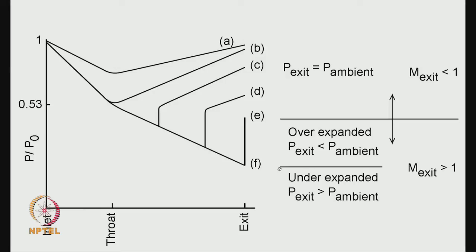Correct? At this location, the exit pressure becomes equal to the ambient pressure. Now I can continue to lower the pressure even more. Right? If I do that, then you can see that the flow becomes under expanded. Now the exit pressure is actually more than the ambient pressure, and the jet is under expanded, which is the same as what we saw with the convergent nozzle.